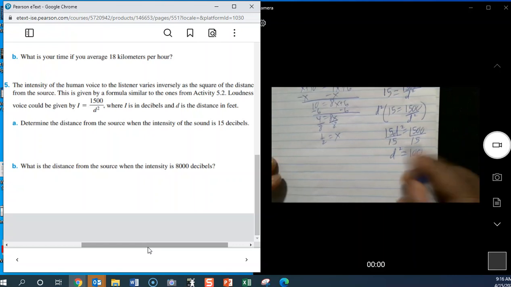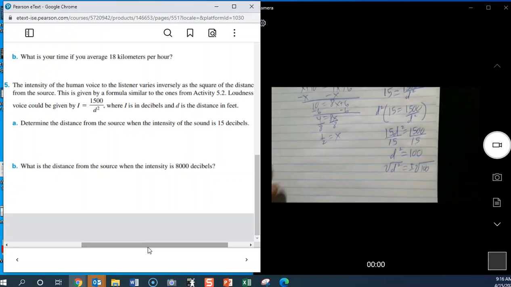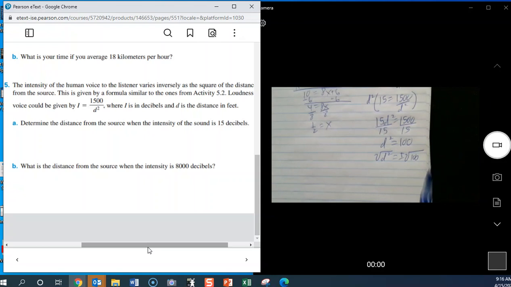Now, we take the square root of both sides. So we have the square root of d squared and plus or minus the square root of 100, because whenever we're dealing with an equation and we take a radical that has an even index, we always put the plus or minus sign in front. So the square root of d squared is d, and this would be plus or minus 10. Now here's the issue.